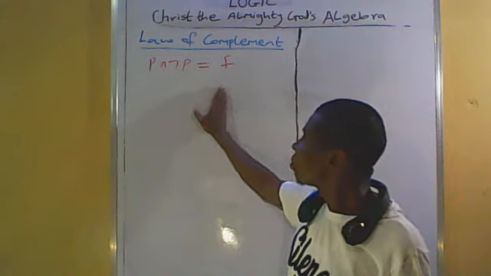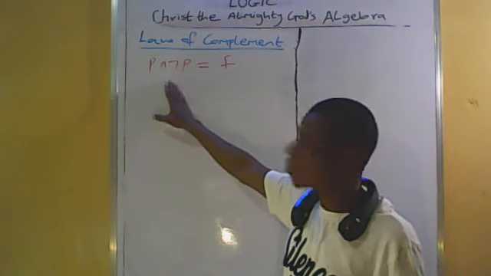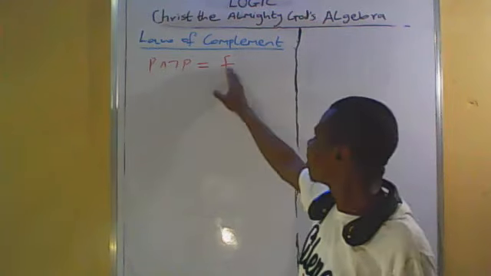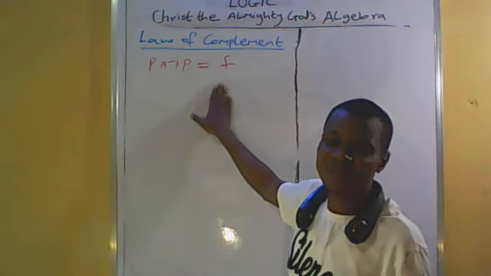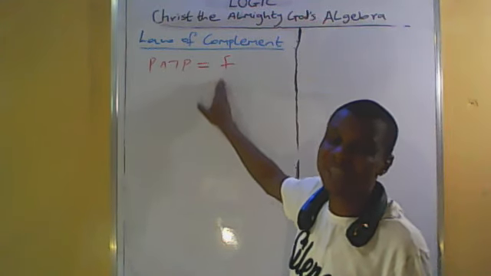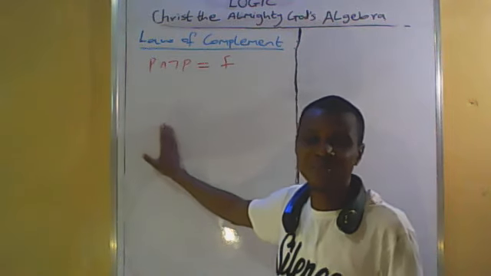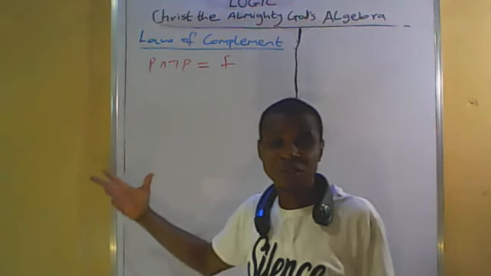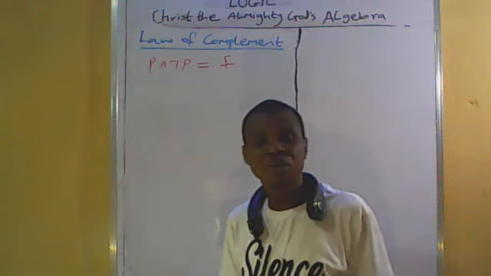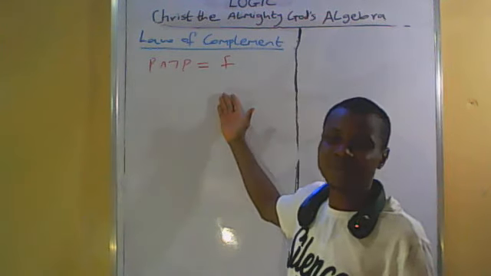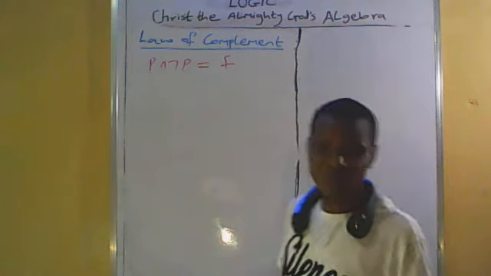So whenever P and not P is F, then this F is also F. In the same way, whenever this F is F, then P and not P is also F. That means contradiction or falsity. So let us prove this statement, that it is the law of complement.